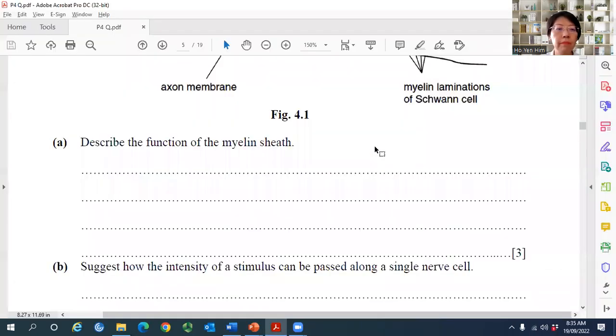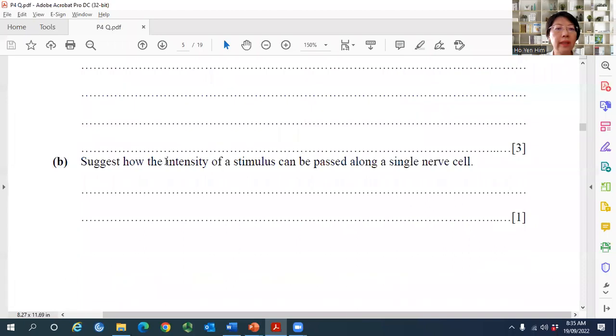Okay, next question. Suggest how the intensity of stimulus can be passed along a single nerve cell. Intensity of stimulus means, for example, touching the skin versus punching the skin versus cutting the skin. The sensation is different, right? But we are using the same neuron to transmit.